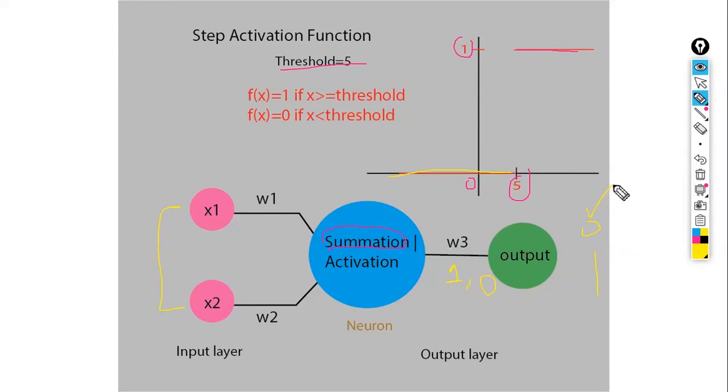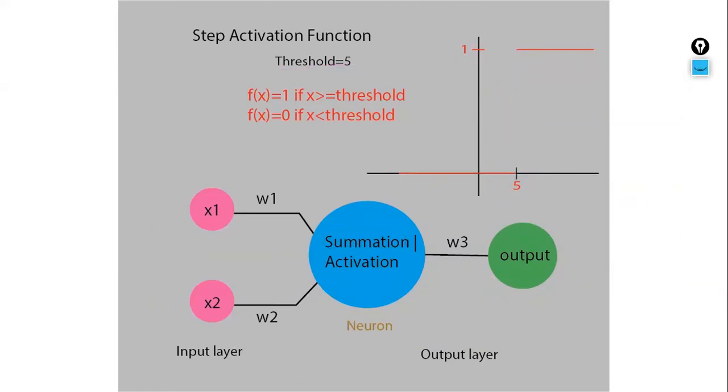At the same time, it is not giving any intermediate values. Another thing is that as its values are only 0 and 1, when we do backpropagation and want to update the weights of the neurons, in that case it does not update any weights.